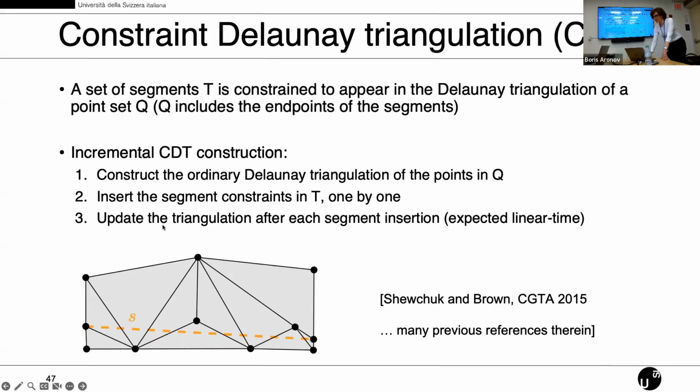First, construct the ordinary Delaunay triangulation of the points in Q. You see it here, the ordinary Delaunay triangulation of this point set. And then insert the segment constraints one by one. So here is such a segment constraint. And update the triangulation after each segment insertion.